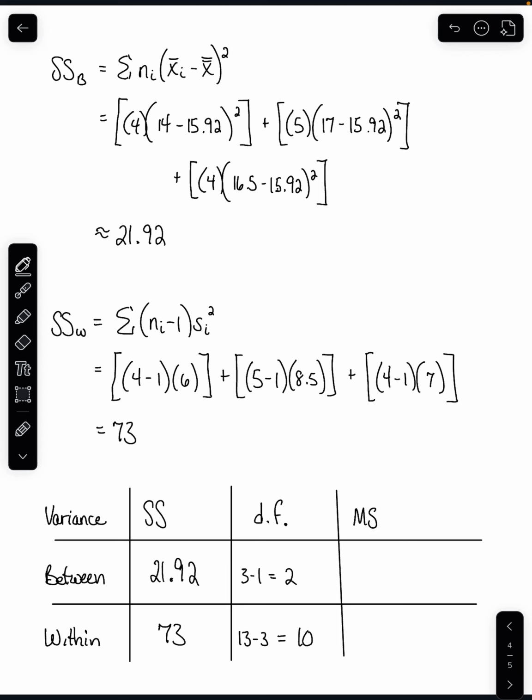For the mean squares, then, we take the sum of squares and divide it by the degrees of freedom, and that gives us about 10.96. Within the samples, we take the 73 divided by 10 and get 7.3.